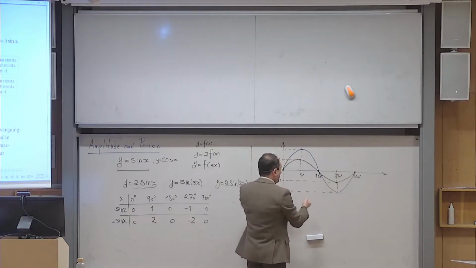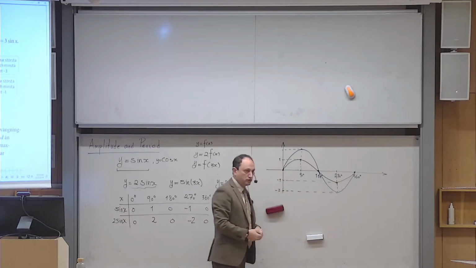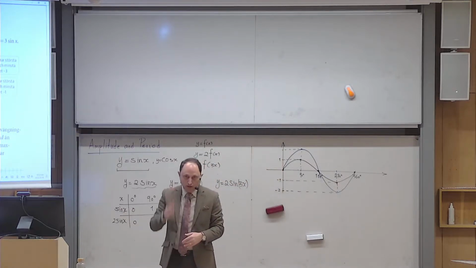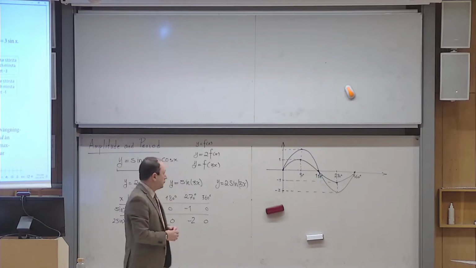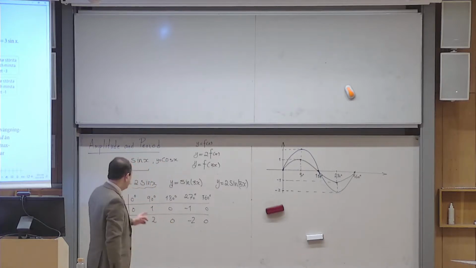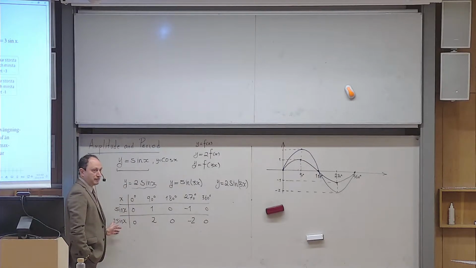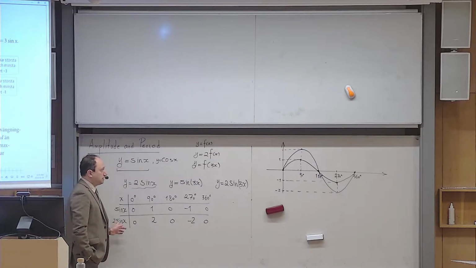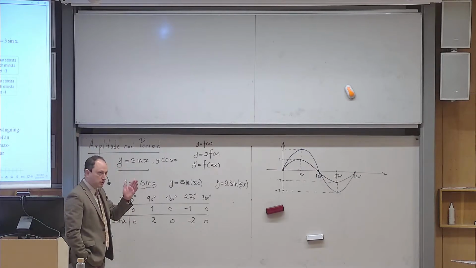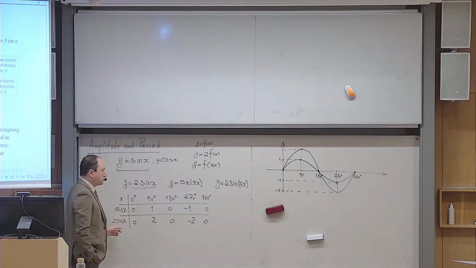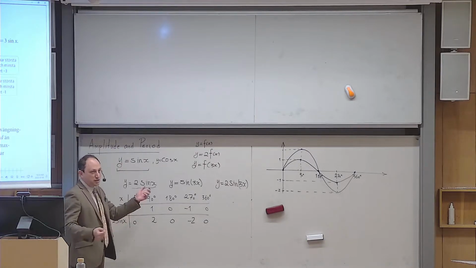What I have done, I have stretched the graph 2 times larger in the y direction. Yes? So that's the idea. So if you multiply your function by a number, the effect will be what? Something along the y direction. Okay? If you multiply it by 2, you are stretching it 2 times larger.